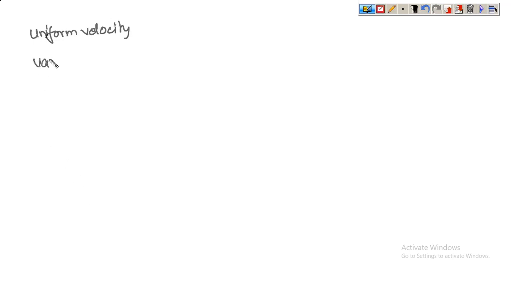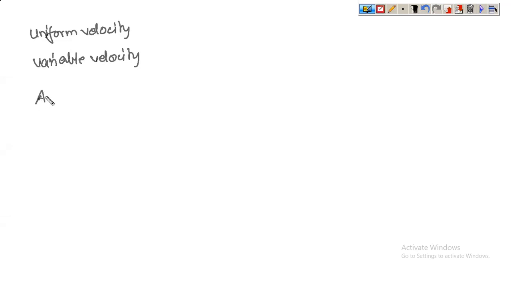Now you have variable velocity. Variable velocity means the body travels unequal distances in the same amount of time. In the case of a variable velocity, it may vary at a certain rate, or it may vary according to a specified equation.